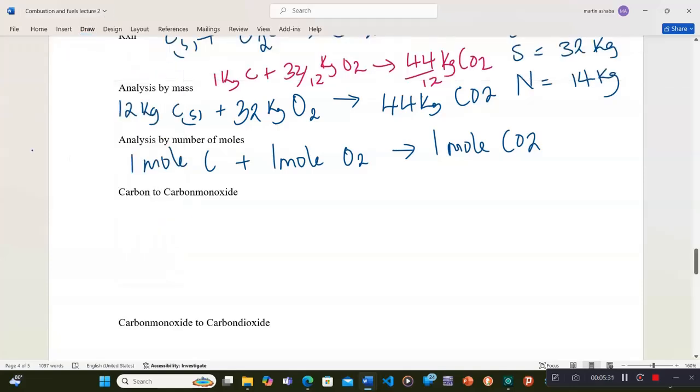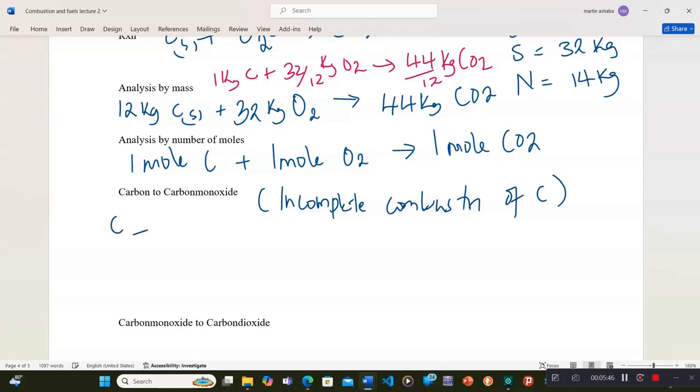Now what about if we are looking at carbon to carbon monoxide, that is incomplete combustion. Combustion of carbon, so that means I will have carbon plus oxygen giving carbon monoxide.